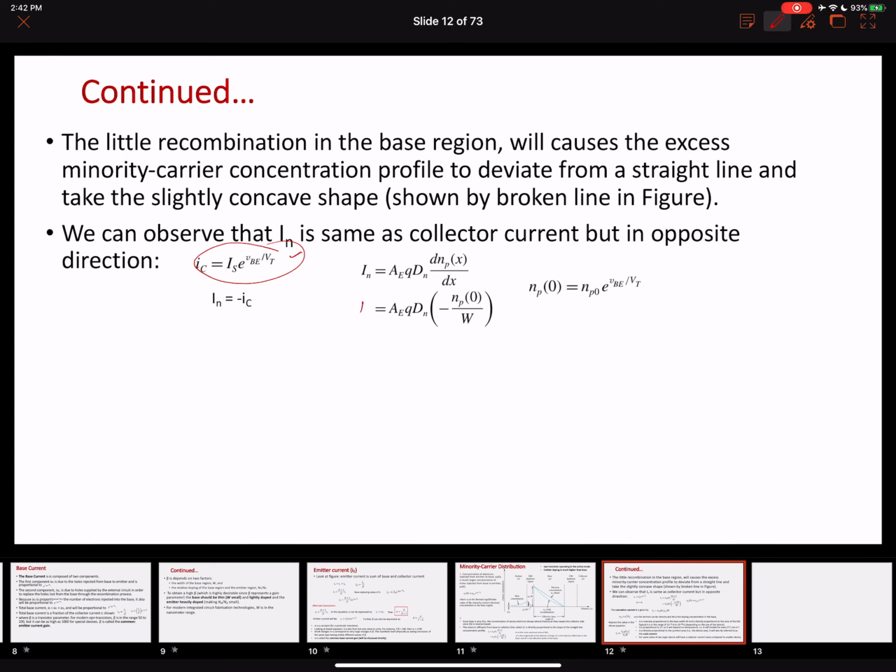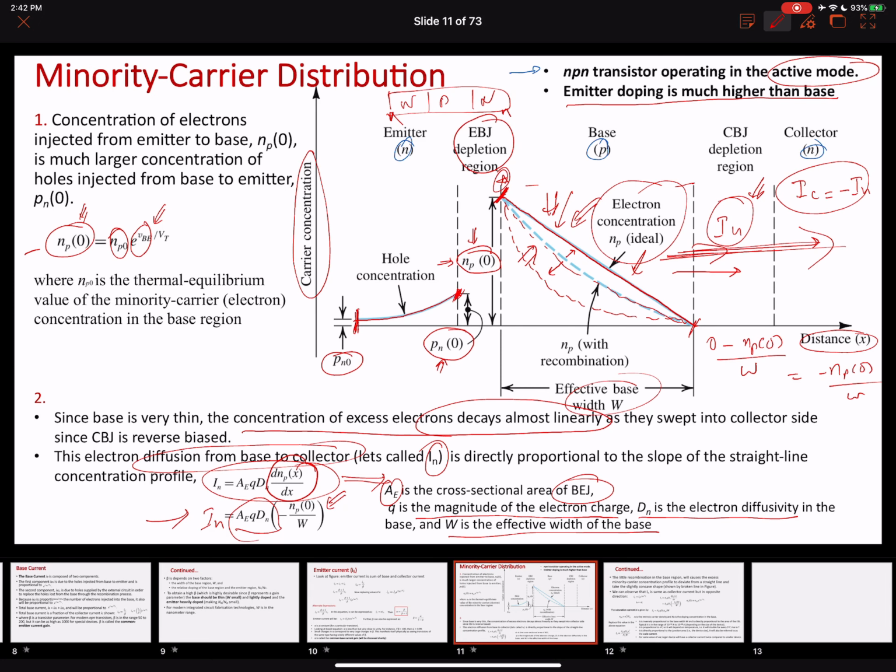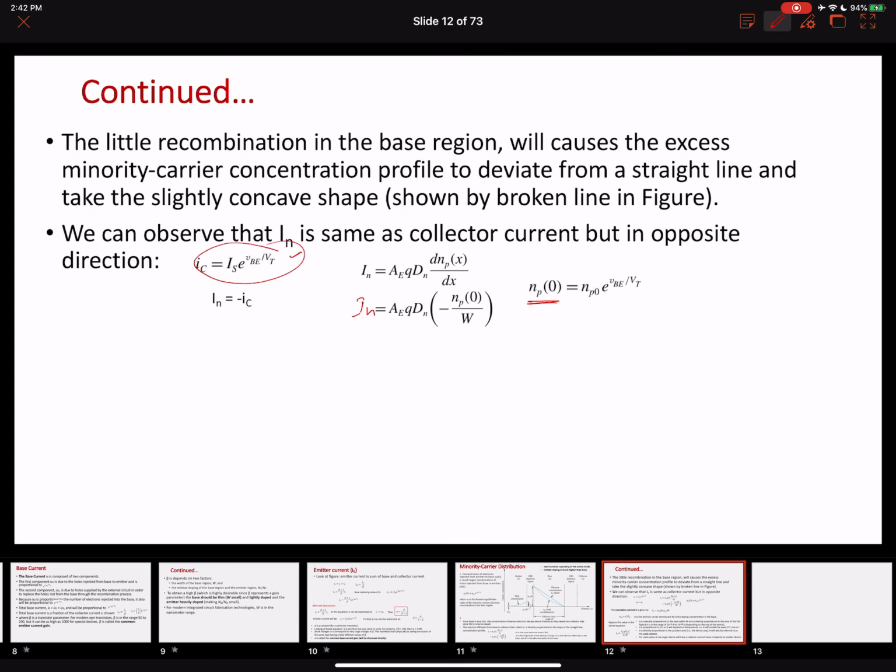This is the value of IN that I started with, and you can also put in the value of NP0. NP0 is the total electron concentration injected from the emitter into the base, and equals NP0 e^(VBE over VT). So we can put this entire value over here.